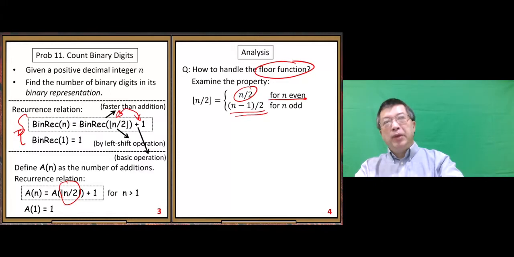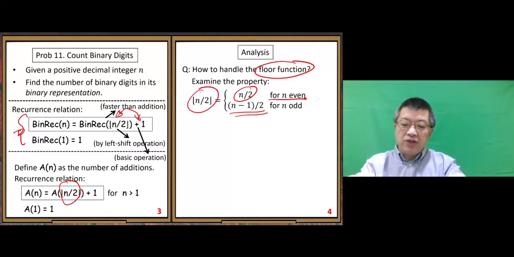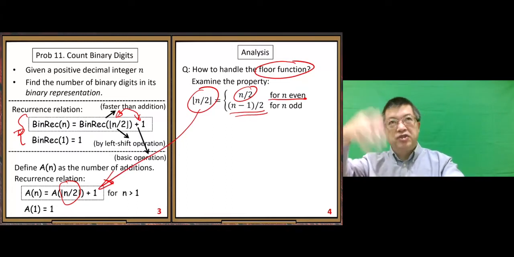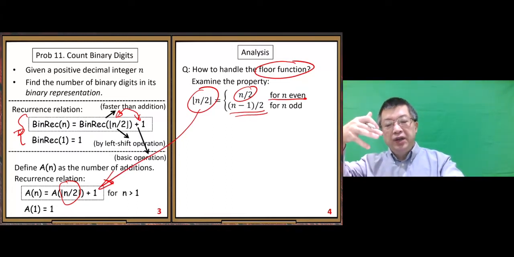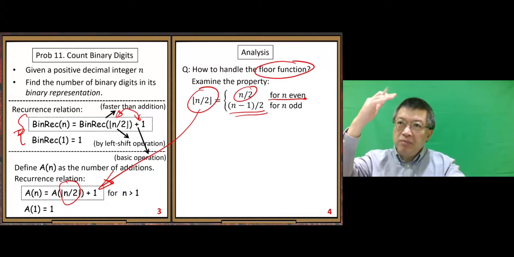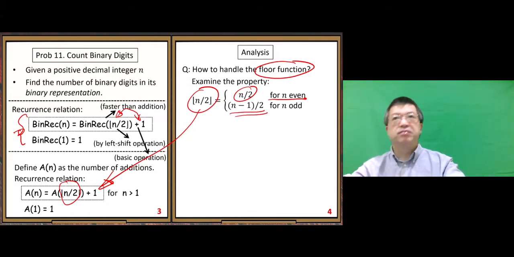But we need to use the floor function many, many times. When you evaluate this function recursively, you need to apply the floor function many, many times. So here we need to choose some strategy. How do we handle the floor function so many times?